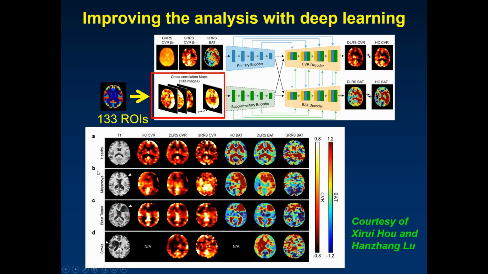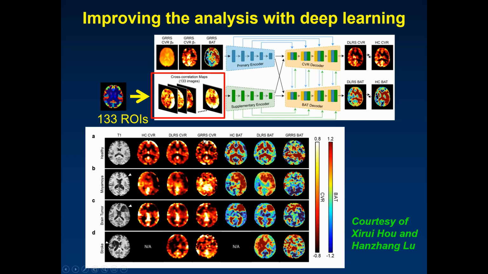Shown here are examples of results from healthy subjects on the top row, moyamoya patients on the second row, brain tumor patients on the third row, and stroke patients in the last row. Shown here is the hypercapnic CVR and the hypercapnia measured BAT, and this column is the deep learning calculated CVR and the deep learning calculated BAT.